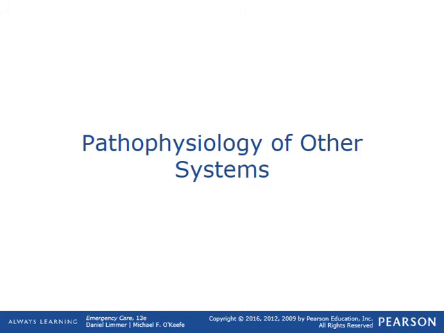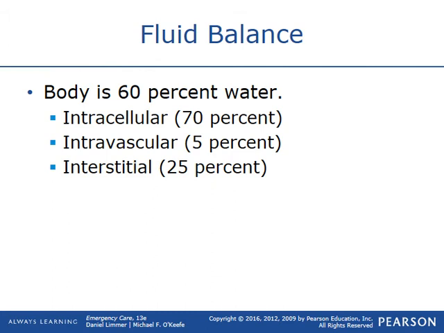Pathophysiology of the other systems. Fluid balance. As you guys may know, the body is 60% water. We've got intracellular is 70%, intravascular is 5%, and interstitial is 25%.